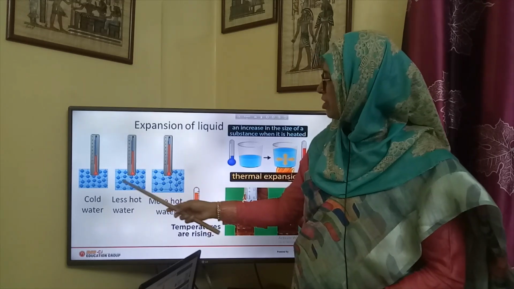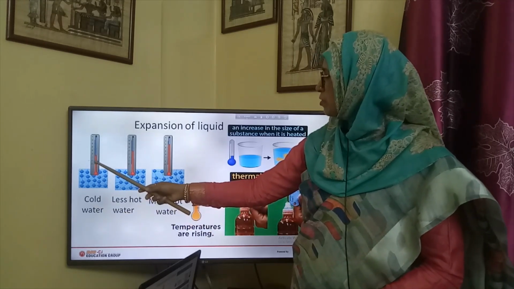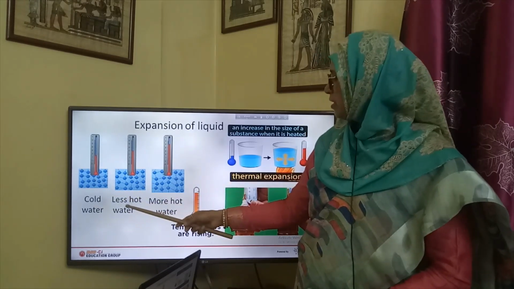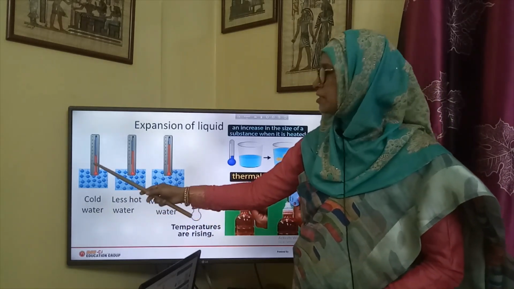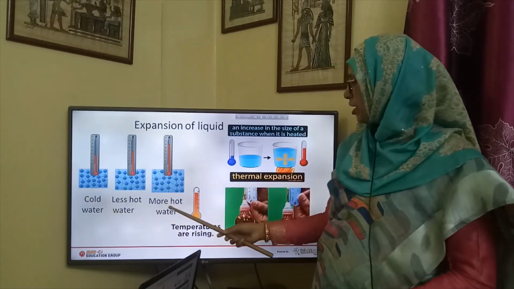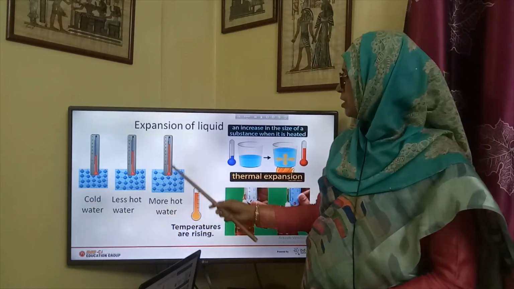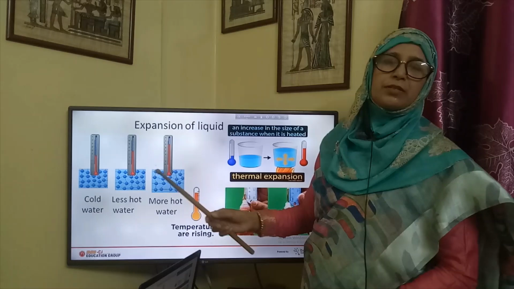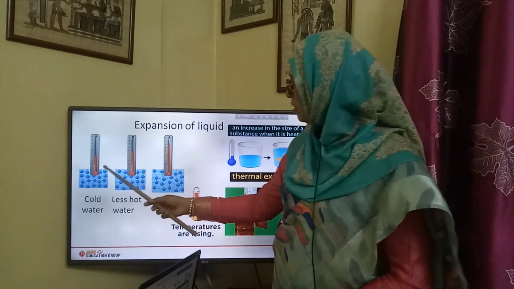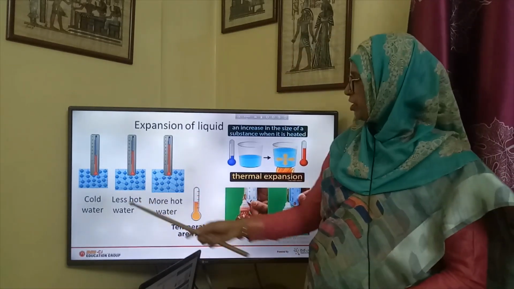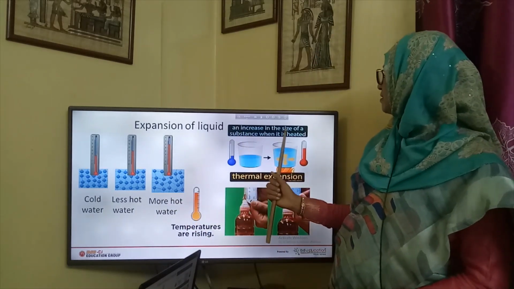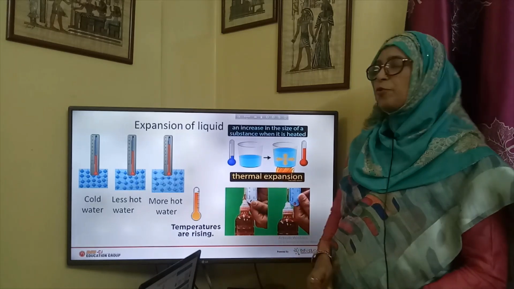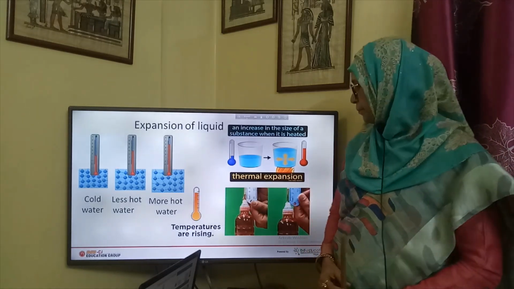See, the mercury level in cold water rises less. In warm water it increases a little bit more than in cold water, but in more hot water it increases even more. That means we see that due to the application of heat, liquid substances also increase in size when heated.